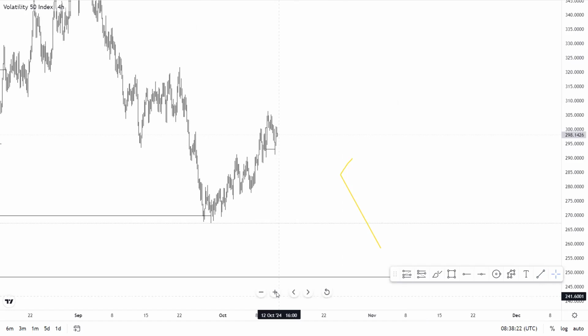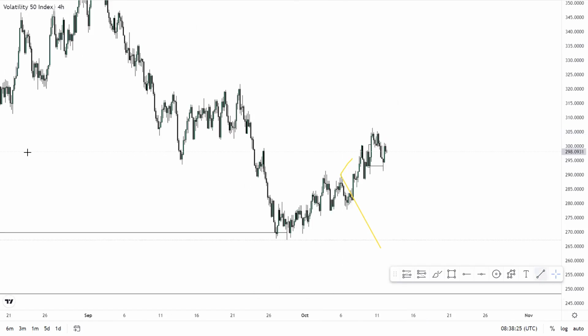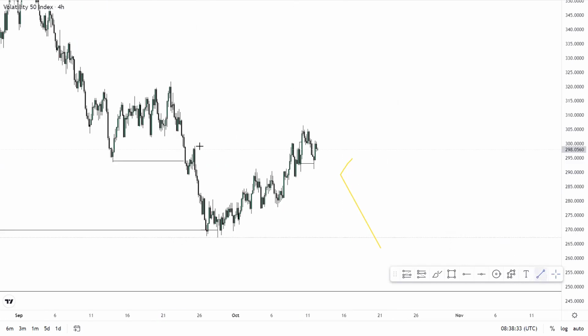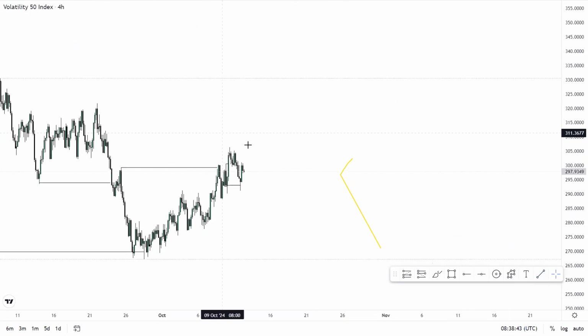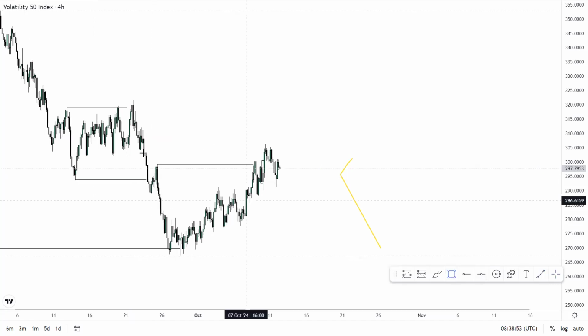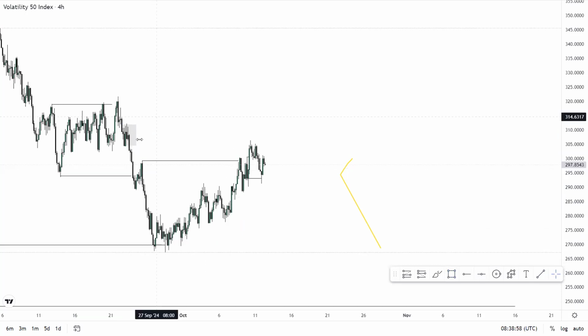Our break of structure is to the downside. And this is a sweep of liquidity. This is an inducement. So since that is an inducement, a good area of reaction on a tested zone.